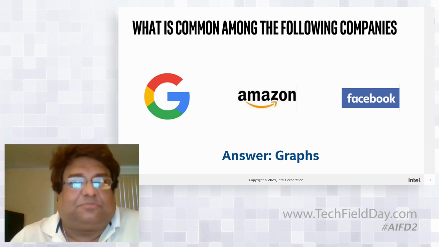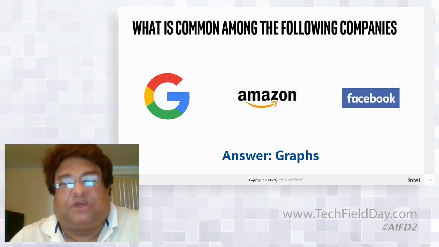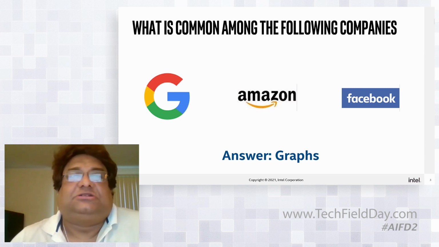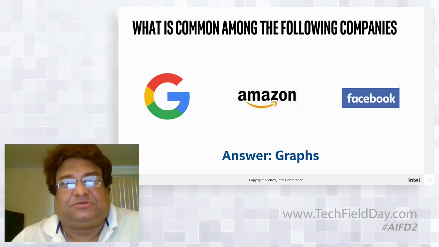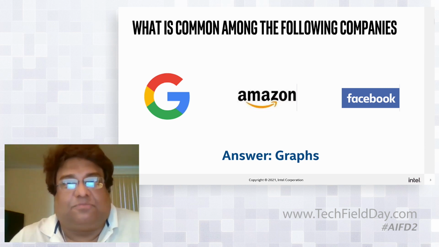So some examples, Google uses the PageRank algorithm to index the web, and that's one of the basic fulcrums of their search capability. Amazon uses graph-based recommendation engines to drive their e-commerce business, one of their fundamental business components.